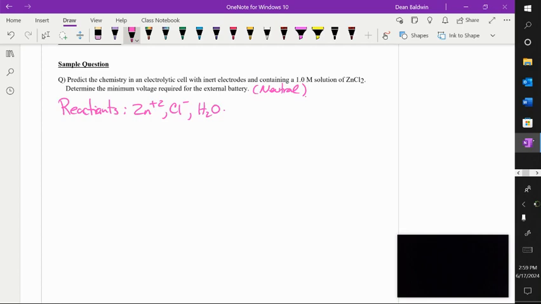So the cathode, which is the reduction. And we'll write anode as well.